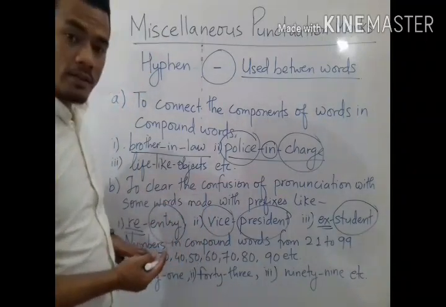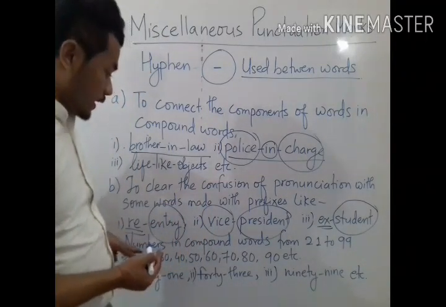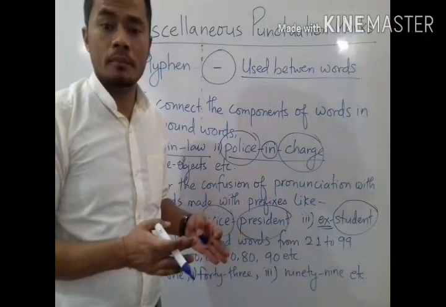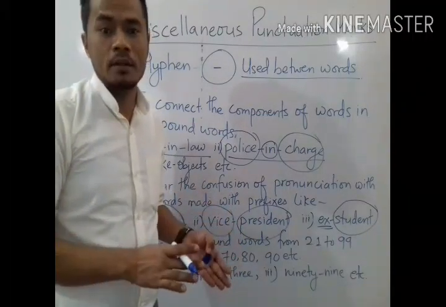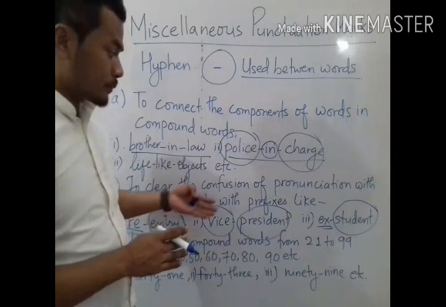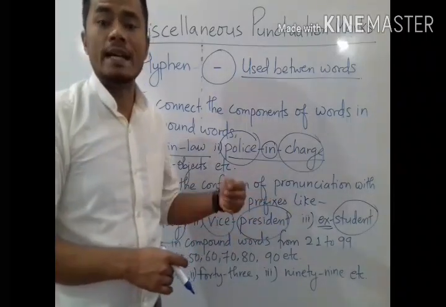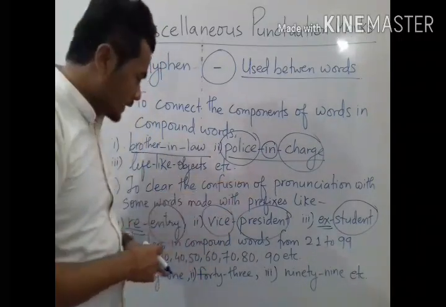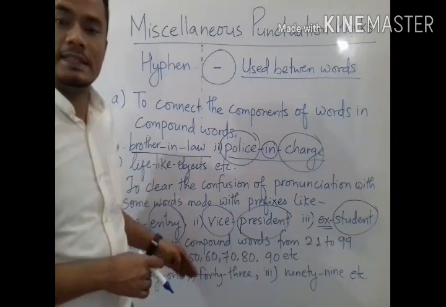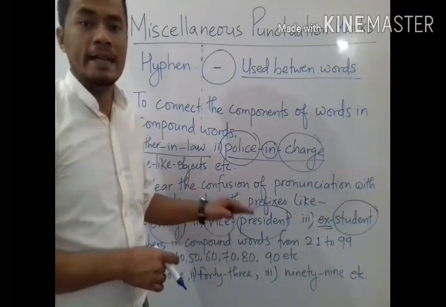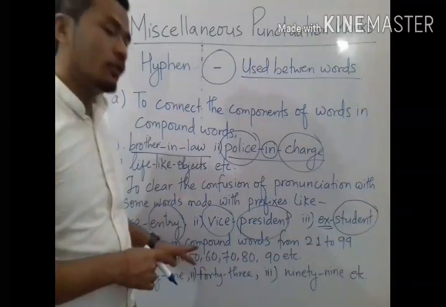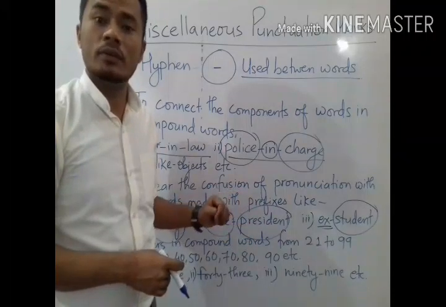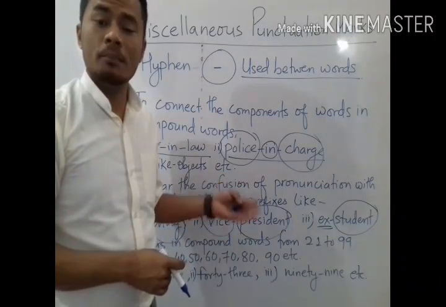Now the last condition of using a hyphen is that we also use a hyphen whenever we write compound number names from 21 to 99. Numbers from 1 to 19 and 30, 40, 50, 60, 70, 80, 90 are not compound numbers.